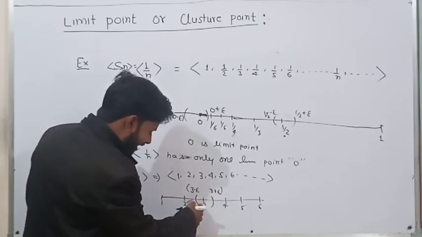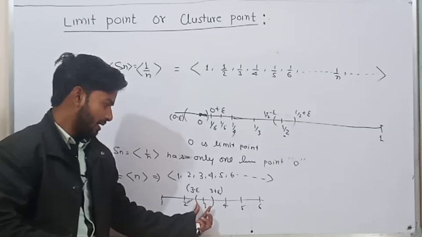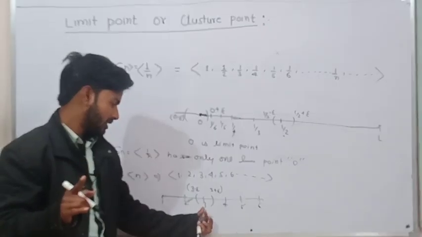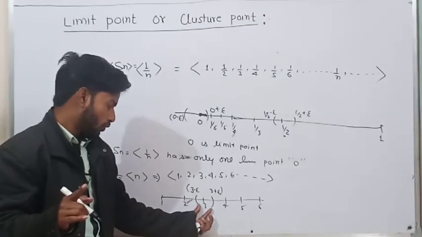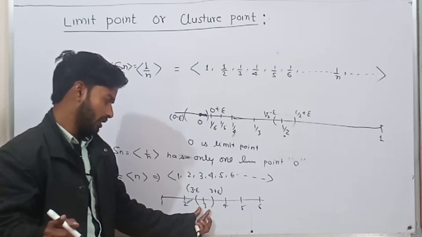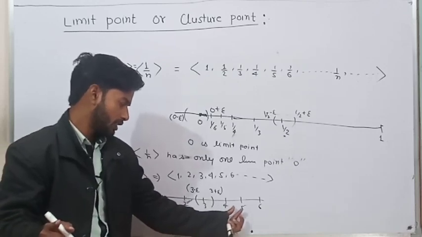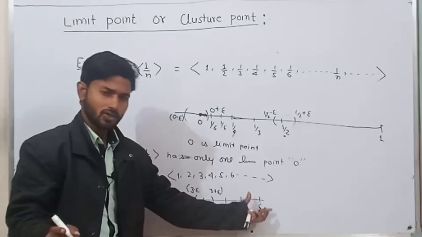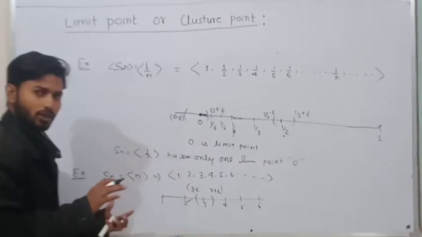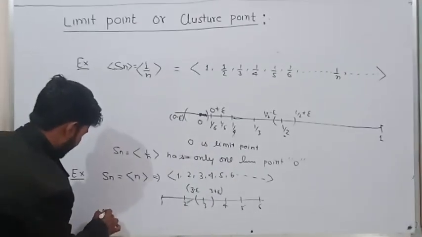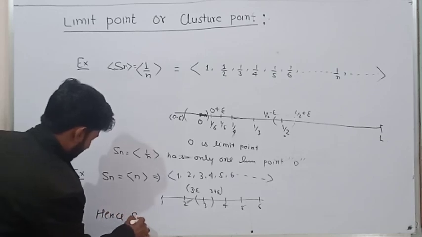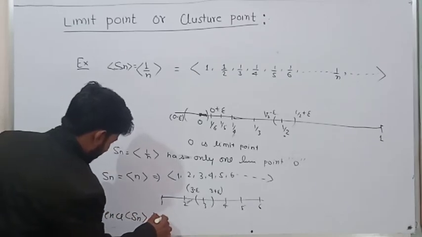Here we see that in this neighborhood only one term, 3, is found, so 3 is not a limit point. Similarly, we can check 4, 5, 6, and so on. So there is no limit point, hence Sn has no limit point.